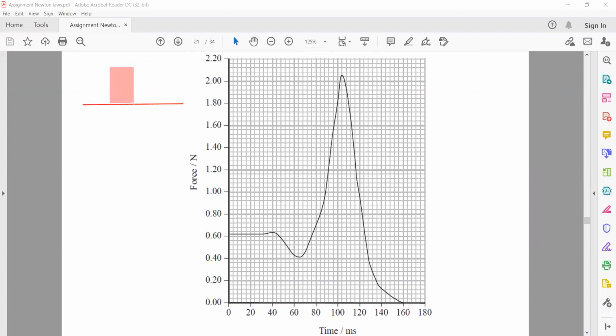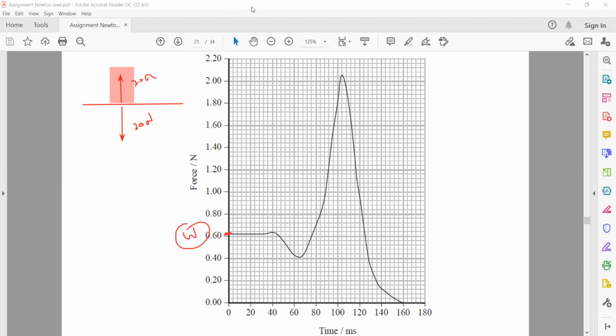I'm representing the bird by a rectangular box. For example, the weight of the bird is 20 Newton. The ground will also apply a force of 20 Newton. So this is the contact force which is shown, which basically means the weight of the bird.